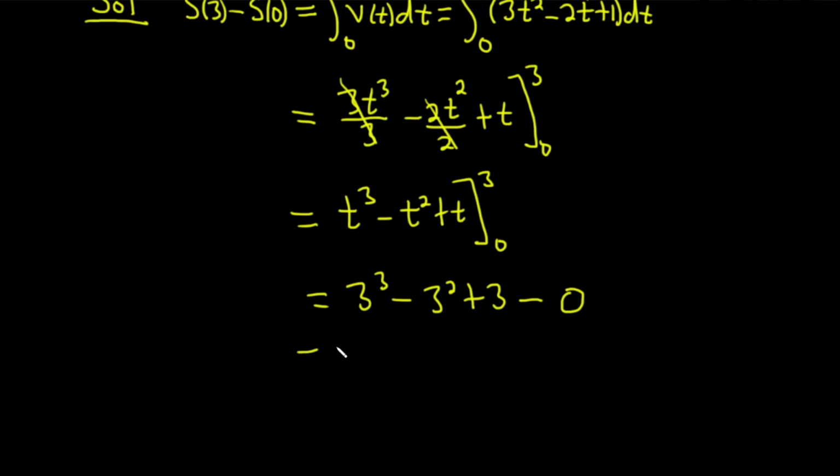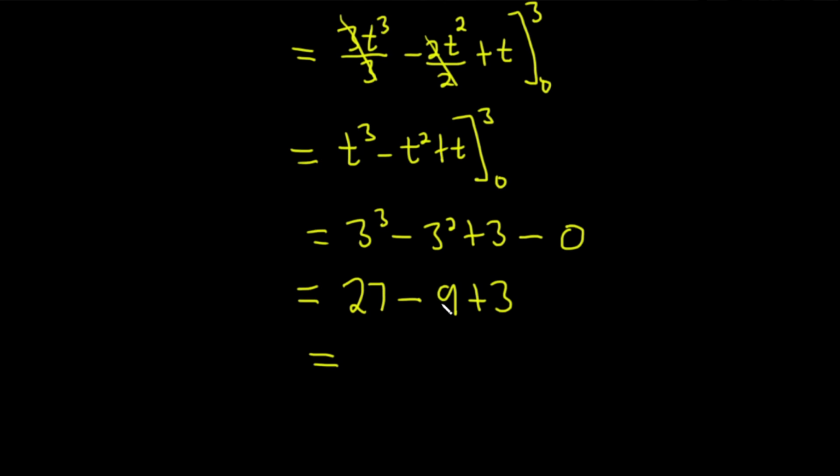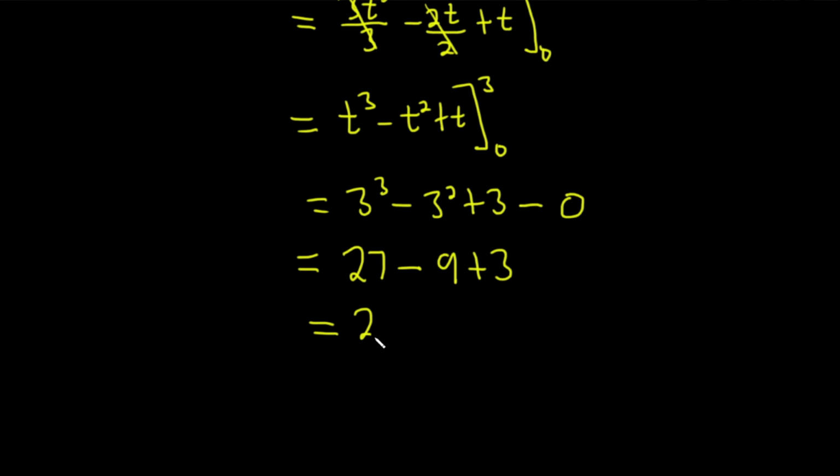So this is going to be equal to, let's see, 3 cubed is 27, minus 3 squared, which is 9, plus 3. That's equal to, well, minus 9 plus 3 is minus 6. We get 27 minus 6. We get 21.